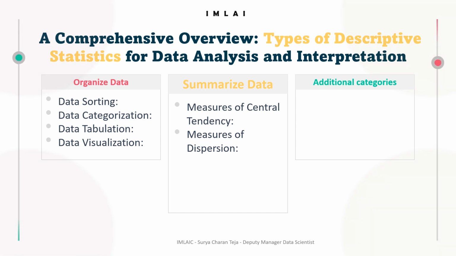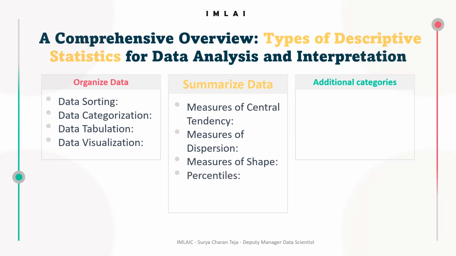So here we calculate statistics that summarize the variability or spread of a data set such as range, variance, and standard deviation. And then we have measures of shape, calculating statistics that describe the shape or distribution of a data set, such as skewness and kurtosis.